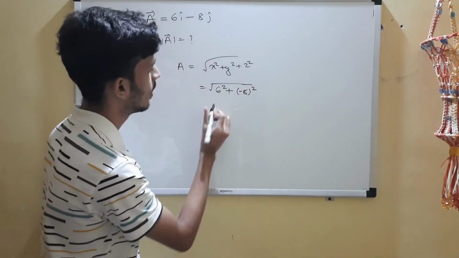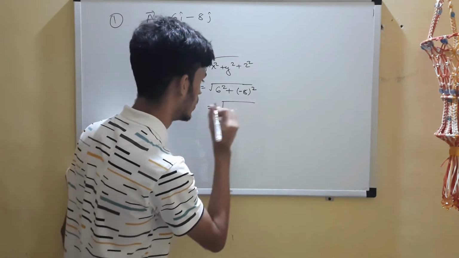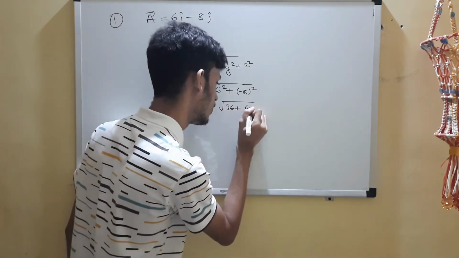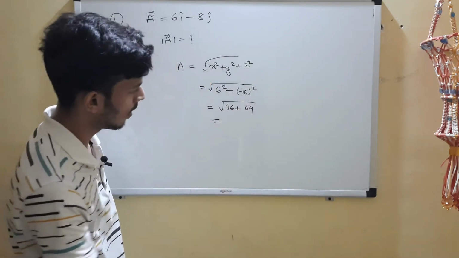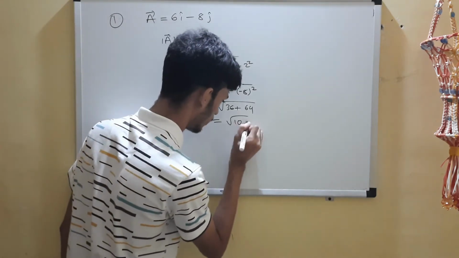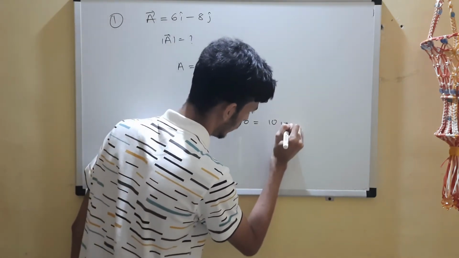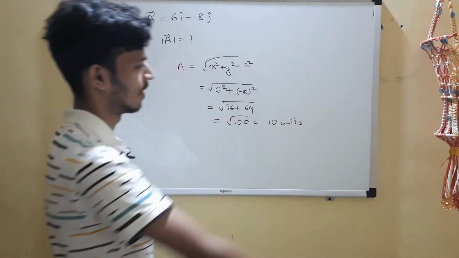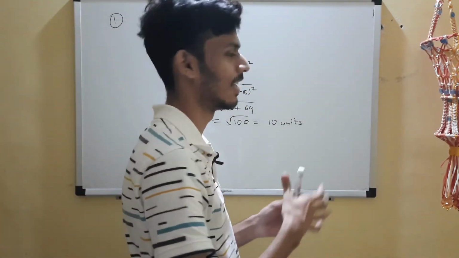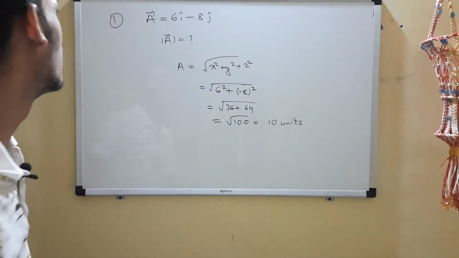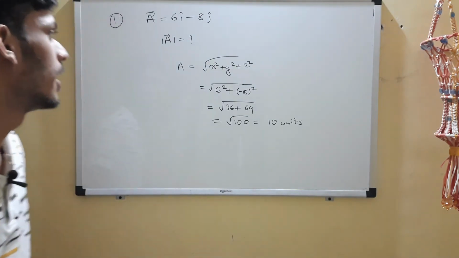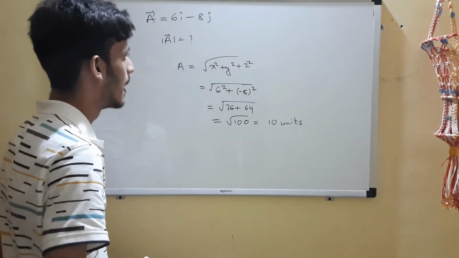It doesn't make any difference, it's squared. So 36 plus 64, and then you have root 100, which is basically 10. Pythagoras theorem, 6, 8, 10. Easy, right? We are splitting it into perpendicular components. If you are able to see Pythagoras theorem, well and good.